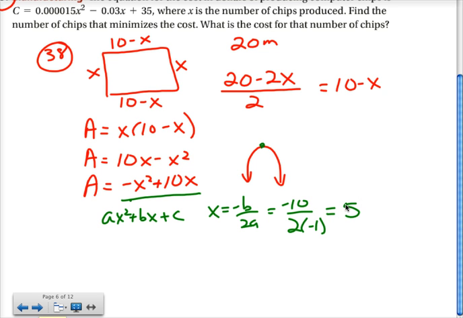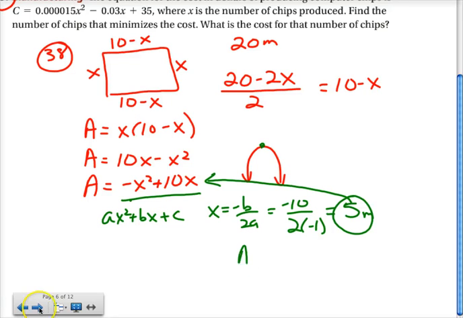And then the second part of this is I have to figure out, well, if I put a 5 in here, into the formula, what will I get? So far I know that 5 meters is what's going to maximize this. And there's 2 ways to do it. You can put it back in the formula, or you can go up to the picture and you can say, okay, the other one will be 5 too, and it'll actually be a square. But let's go ahead and put this back into the formula.